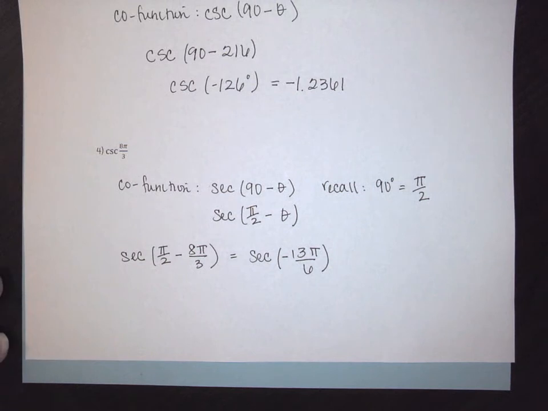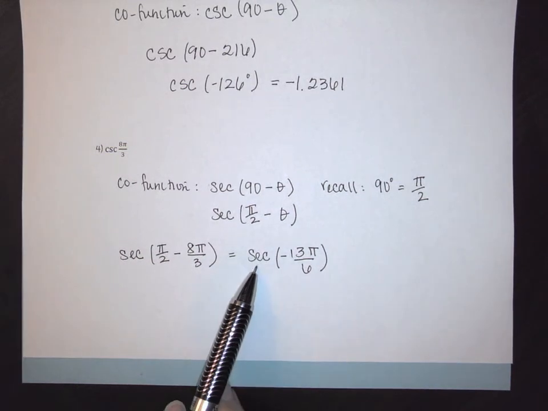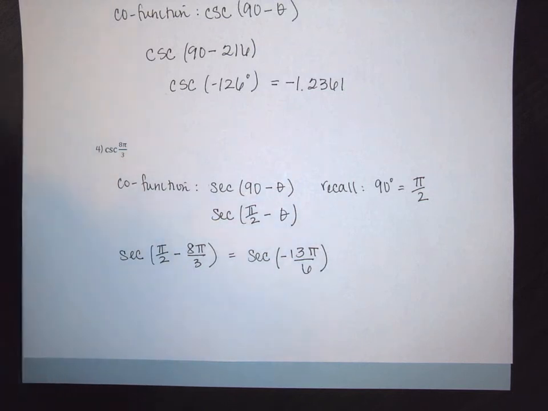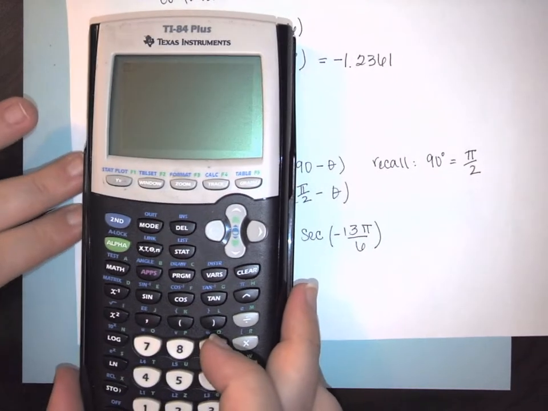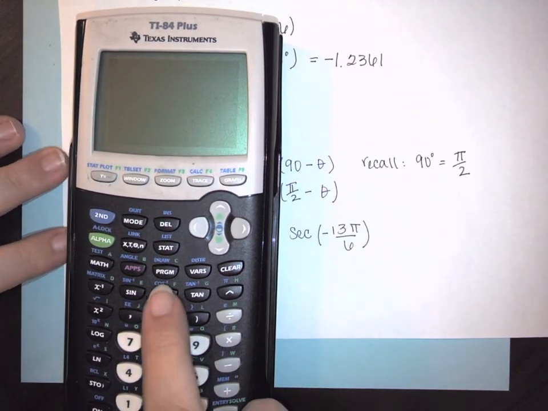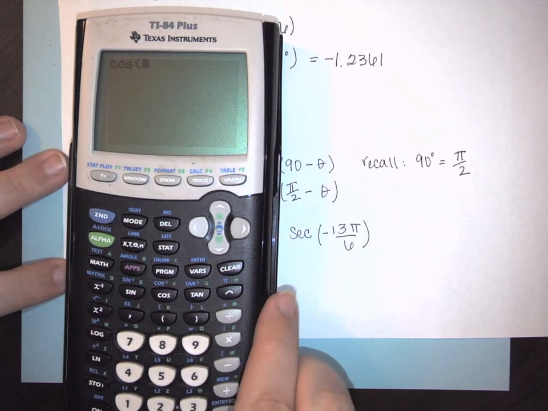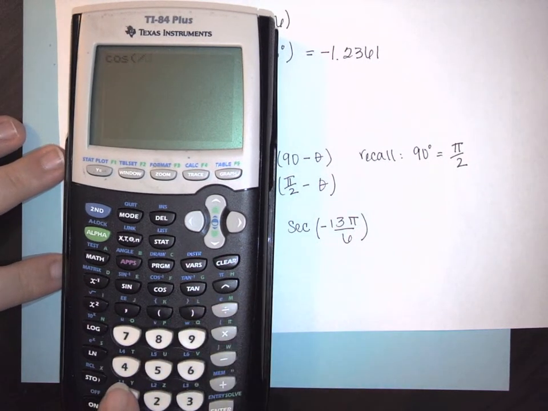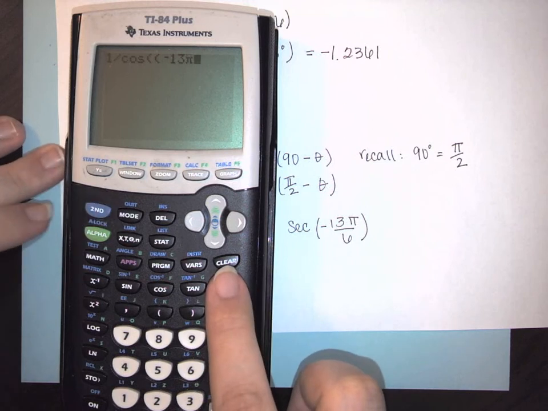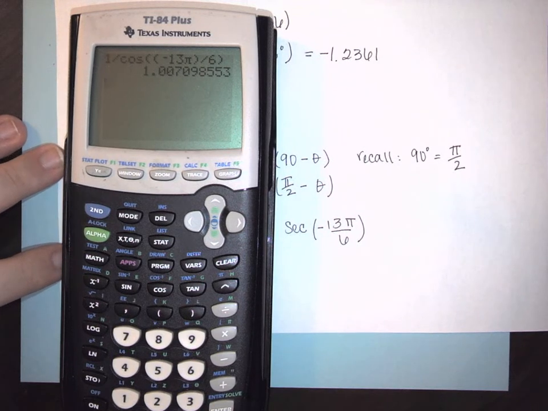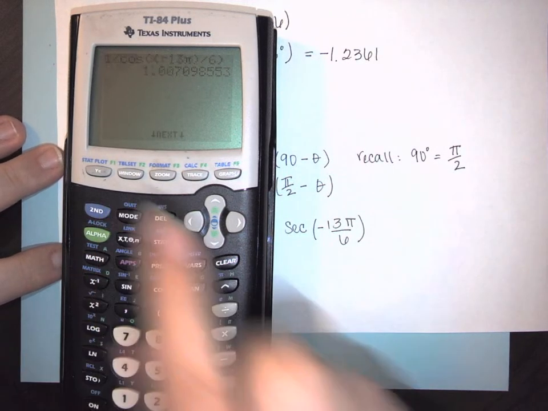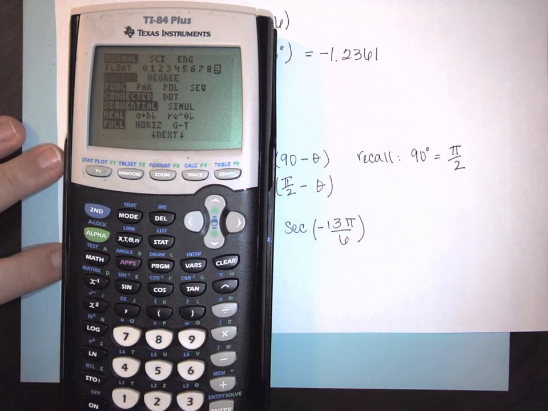Then we would go ahead and use the calculator. Since this is secant, the reciprocal would be the cosine, so we would do 1 divided by the cosine of -13 pi divided by 6. I need to make sure that was the degree measure; we need to have the radian measure.